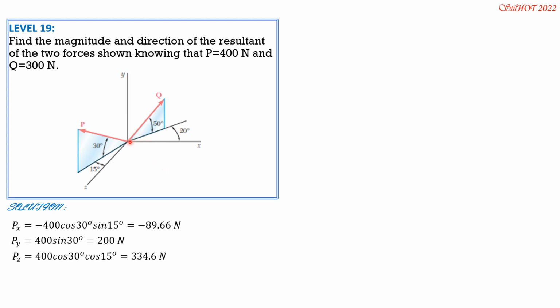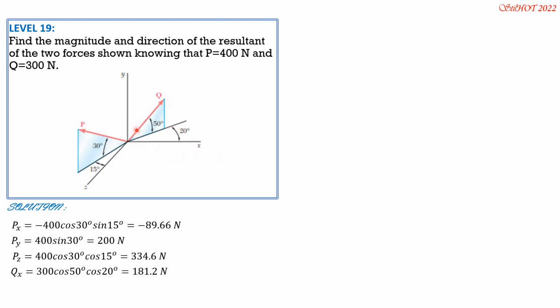Qx, on the other hand, we first compute this adjacent side of this right triangle. This is Q, 300 cosine of 50. Then x is adjacent of 20, so 300 cosine of 50 times cosine of 20, because this is the x-axis. So 181.2 newtons.